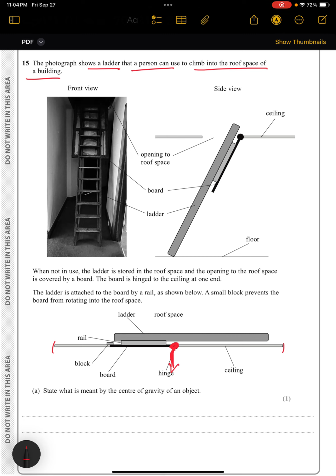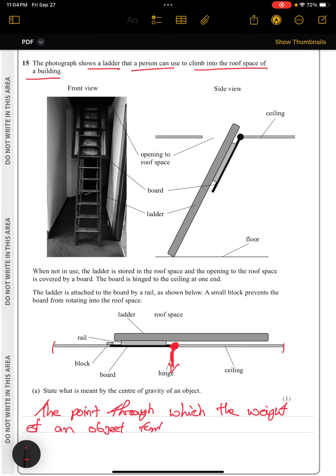So we can write it in this way: the point through which the weight of an object tends to act. So we are done with question number A.